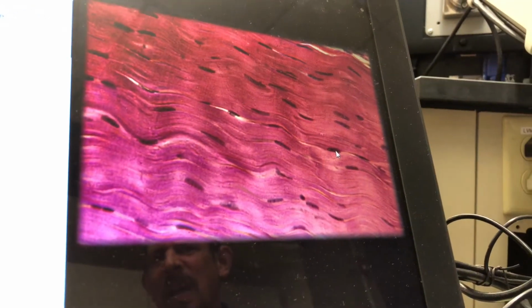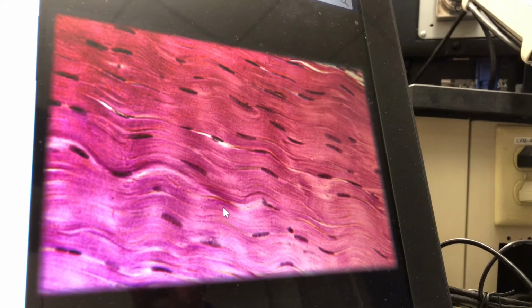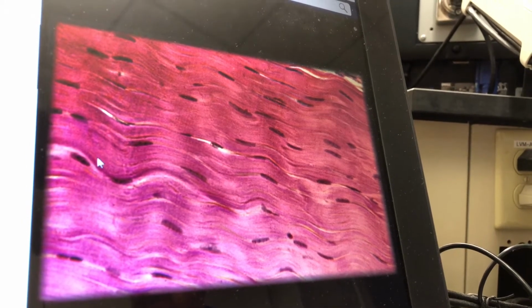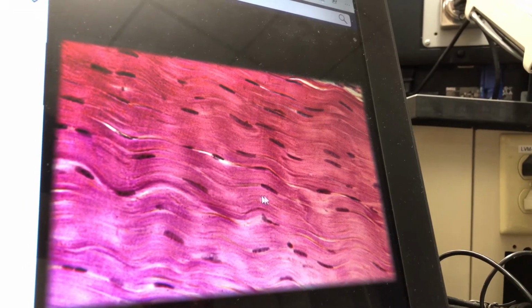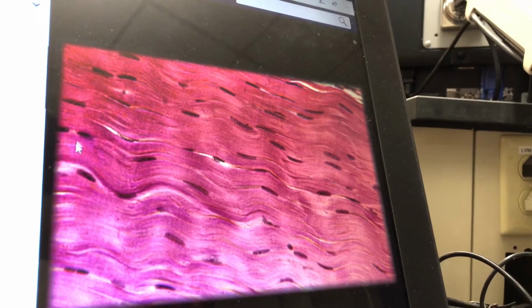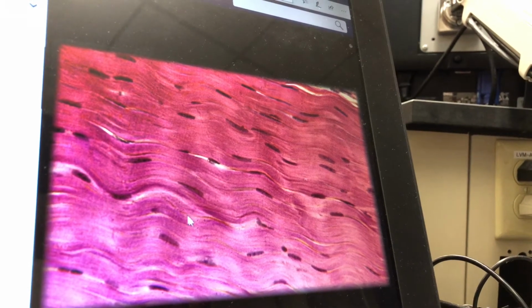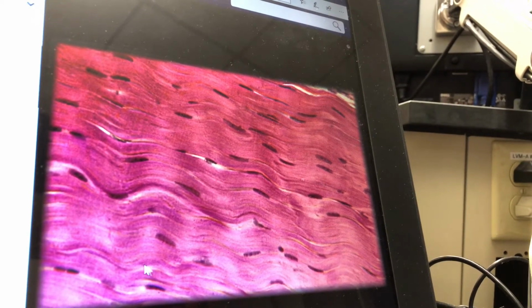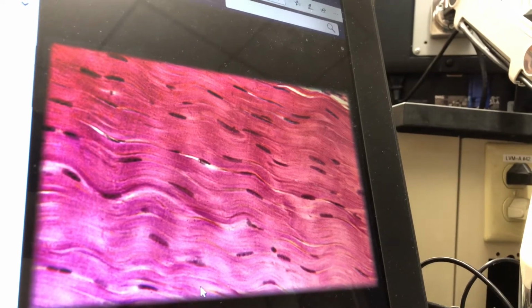The predominant type of fiber that makes up this tissue is collagen fibers. And we can see collagen fibers have a slight wave to them in dense connective tissue. You can see there's a collagen fiber running right there. Here's a collagen fiber running right here. Here's a collagen fiber. So the collagen fibers are very wavy.